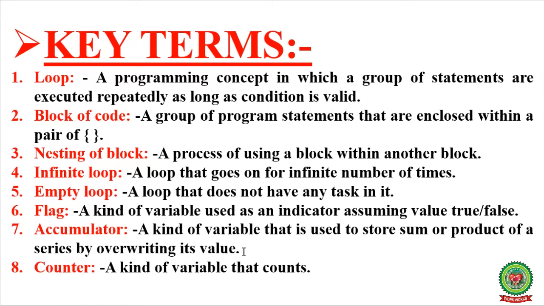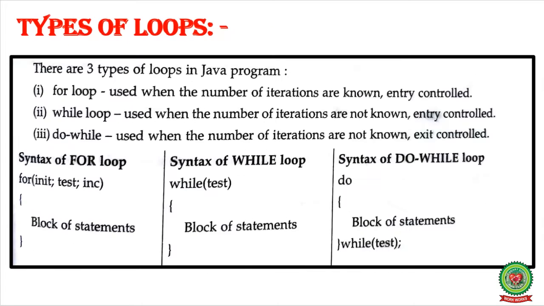Let's suppose I'm writing s = s + 1. It means the value of s is incrementing and is being stored in s only. Number 8, counter: a kind of variable that counts. We will discuss all these concepts in detail.